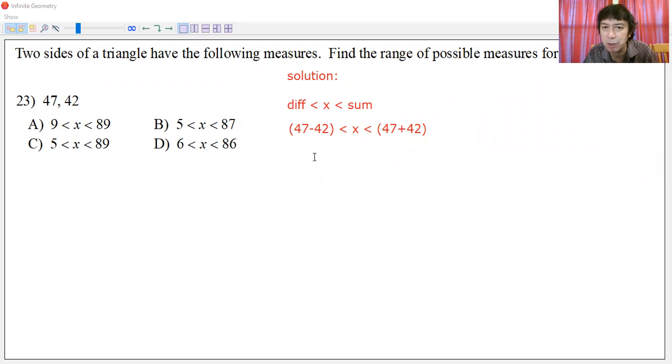Okay, the difference here is just 5. And the sum is about 89. And so this is our answer. 5 to 89 is the possible range of the measure for the third side.